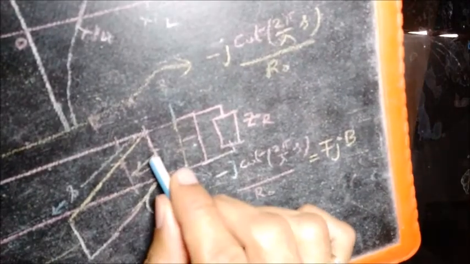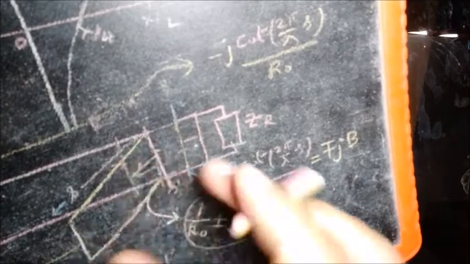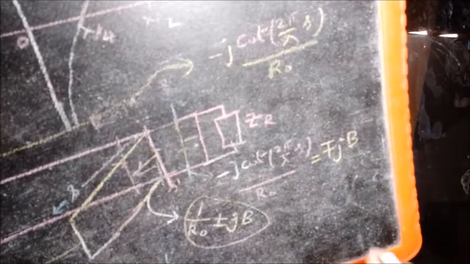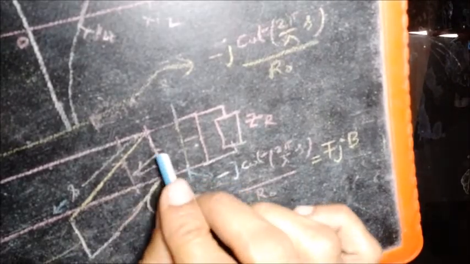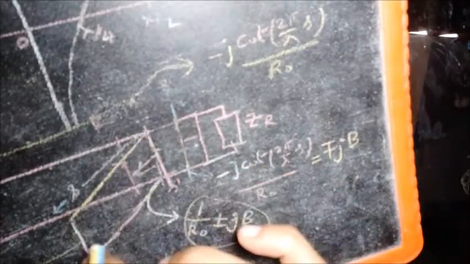So admittance at this point, due to the presence of this short-circuited transmission line of length S, such that this is equal to minus or plus JB, will be equal to 1 by R naught, which means that the impedance here will be equal to R naught due to the presence of this.